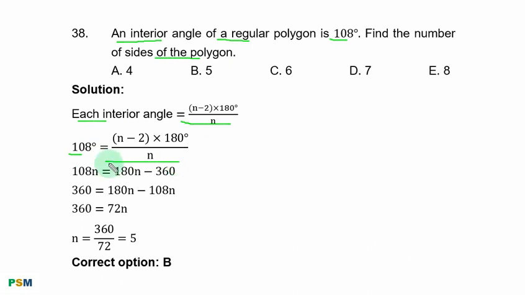Cross multiply to clear fraction. You have it in this form. You open this bracket, you have these results. Transfer this term to the left, it becomes positive. You transfer this to the right, it becomes negative. When you subtract, you have 360 equal to 72n. Divide both sides by 72 and n is equal to 5. The correct option is B.